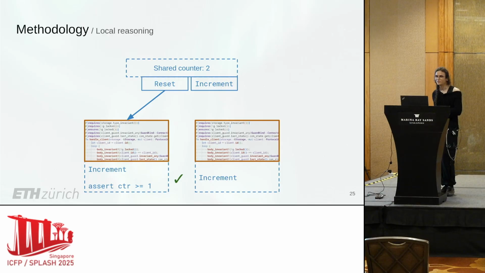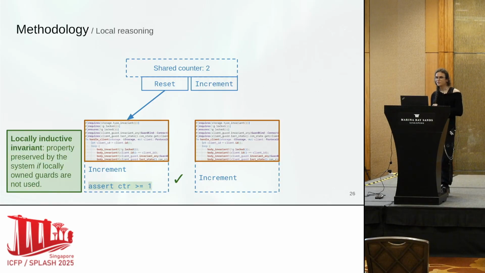It doesn't have the permission to perform the reset action. It can only increment the counter further. And so this kind of assertion is what we call a locally inductive invariant. It is not an invariant of the system in general, but it is an inductive invariant as long as you hold on to some guards which prove that it must hold.